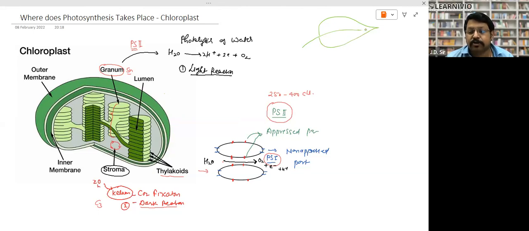Now this was not the question, but the NEET question which has been asked: what is the orientation of the chloroplast in the mesophyll cell?